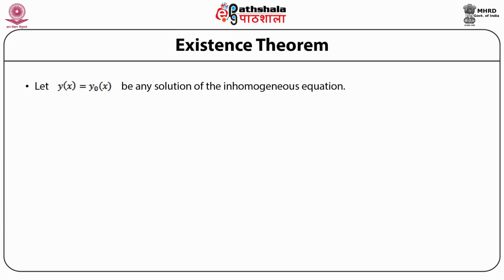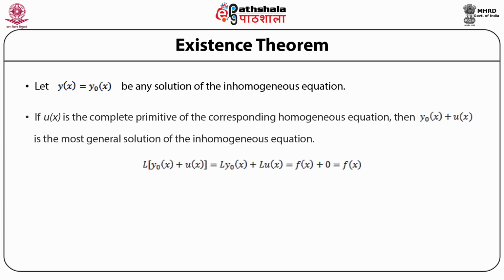Secondly, let y of x equal to y0 of x be any solution of the inhomogeneous equation, and u of x the complete primitive of the corresponding homogeneous equation. Then y0 plus u is the most general solution of the inhomogeneous equation.